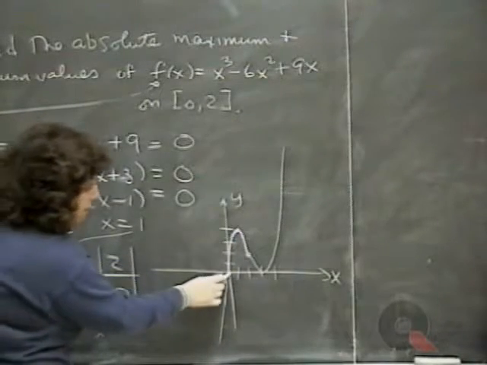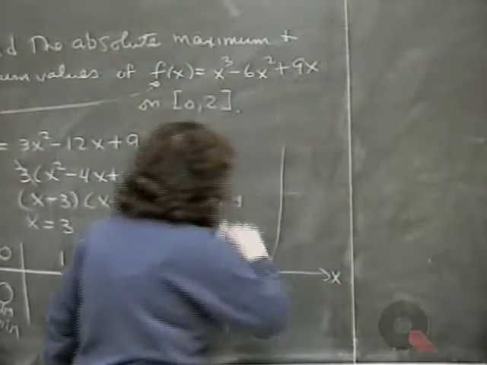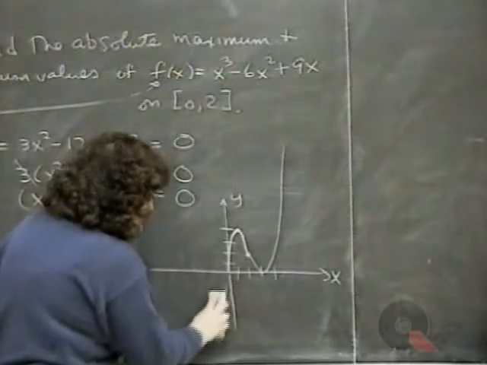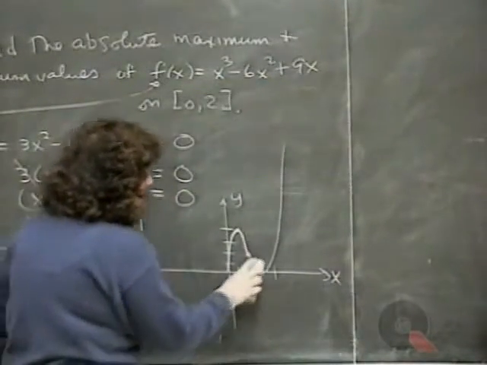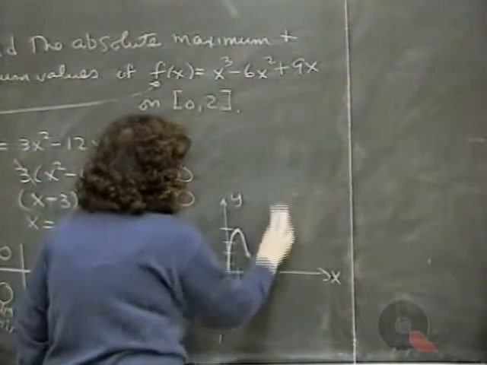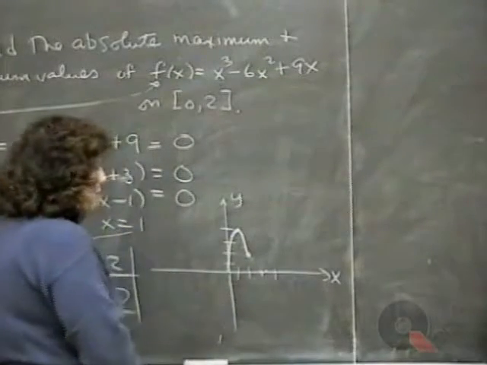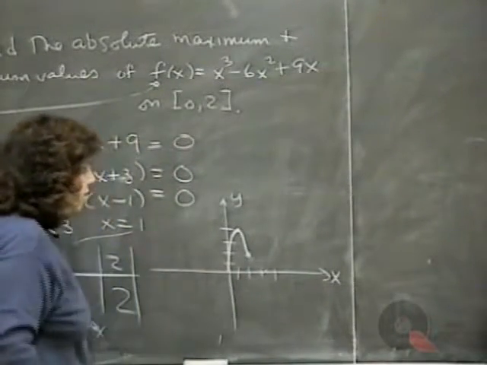The absolute minimum value was 0, occurring at x equals 0. Although this is the entire curve, we were only interested in it between 0 and 2. And we have the absolute max and the absolute min.